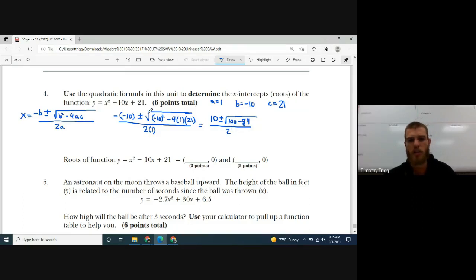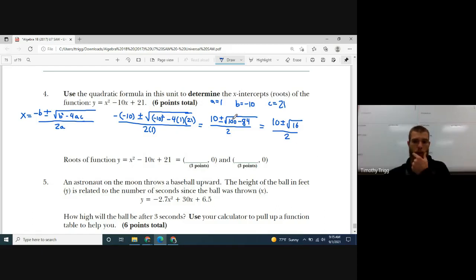We're just working this out a little bit at a time, using the order of operations. Let's figure out what's in the square root. 100 minus 84 is 16. So we have 10 plus or minus the square root of 16, over 2.